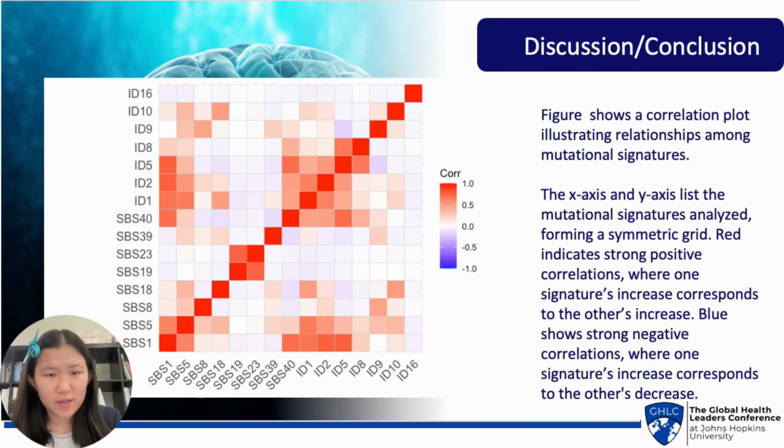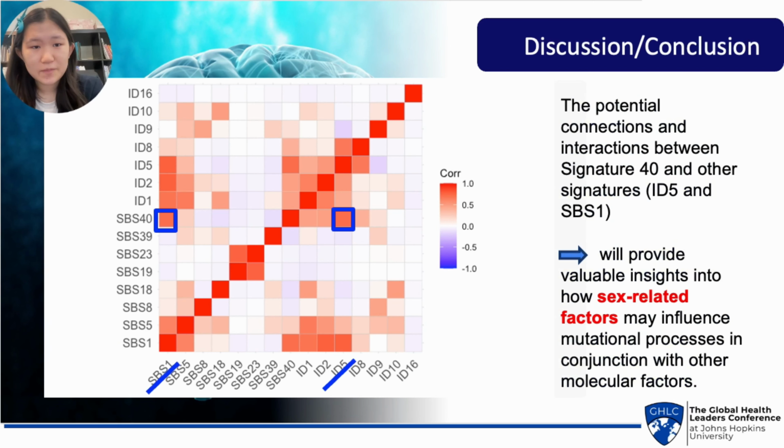I investigated the relationship between sex-specific mutational signatures and non-sex-specific mutational patterns, and the correlation plot shows this relationship between mutational signatures, where the X and Y axis list the analyzed mutational signatures, forming this symmetric grid, where the red indicates a strong positive correlation.